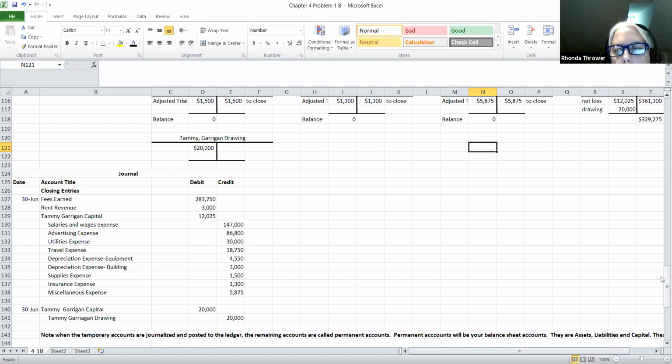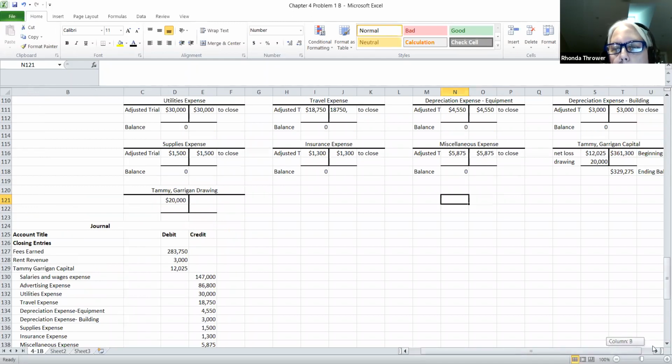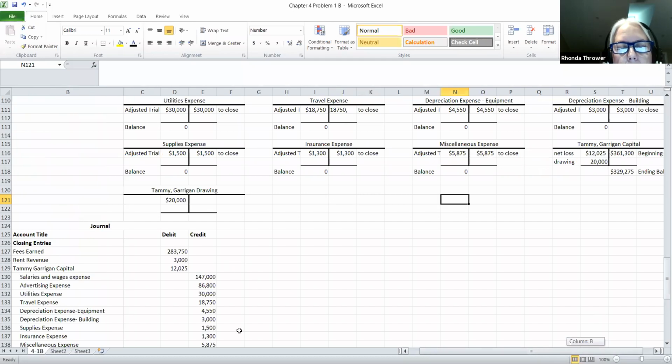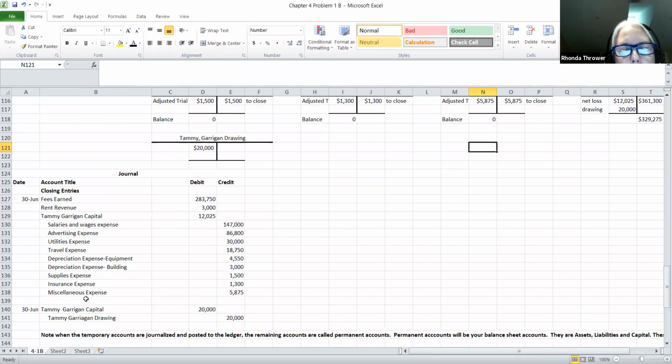Now, this is what happens if there is a net loss. Let's think about a what if. What if we had a net income? Do you remember that we said net income would add to our capital? So net income would be recorded on the credit side. You would still close out your revenues and your expenses just like you did before, but if this was net income, capital would have been credited for the amount of the net income in that first closing entry.